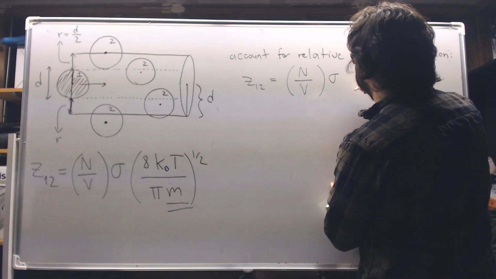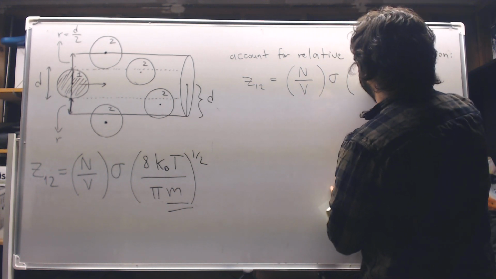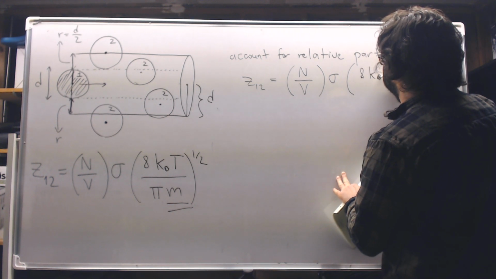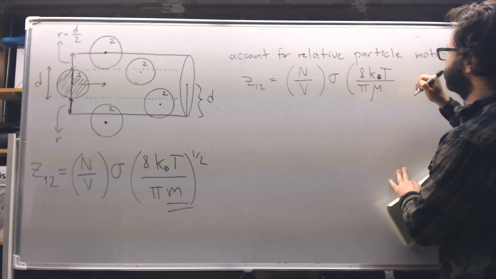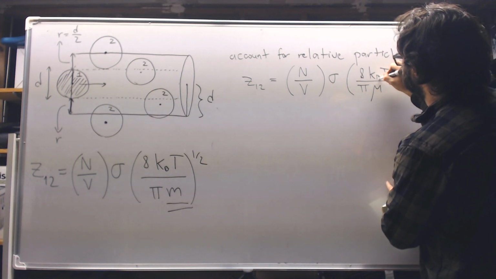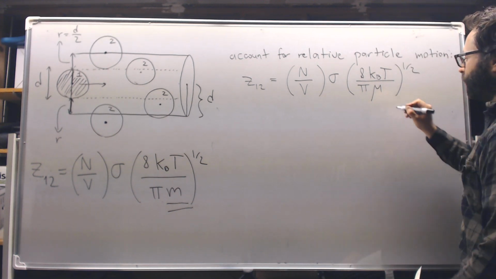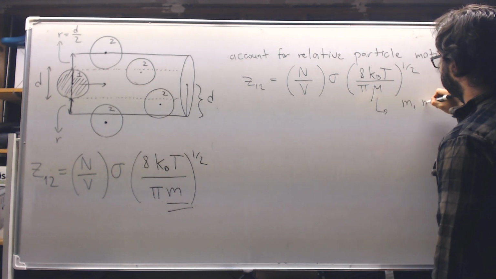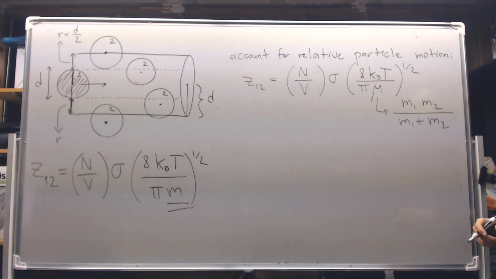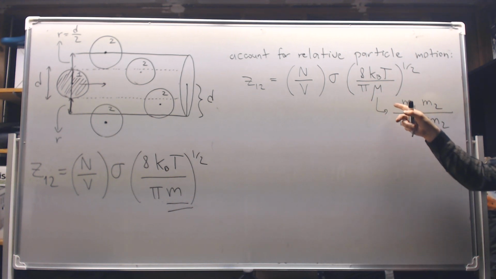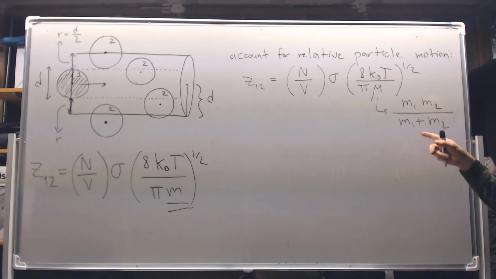Collision cross-section, 8 kBT over pi mu, where mu is the reduced mass, to the 1/2 power, where mu is m1 m2 over m1 plus m2. And if particles 1 and particles 2 are the same and have the same mass, the result will be to replace m by m over 2. The reduced mass of identical particles is m over 2, the mass of any one particle divided by 2.